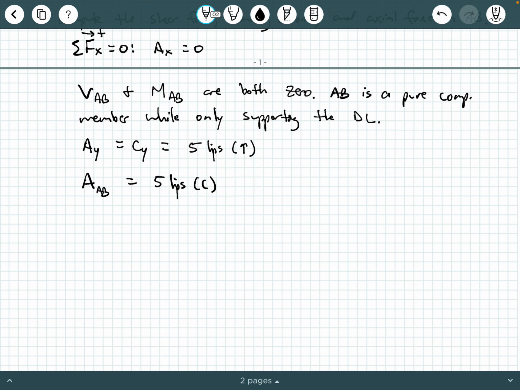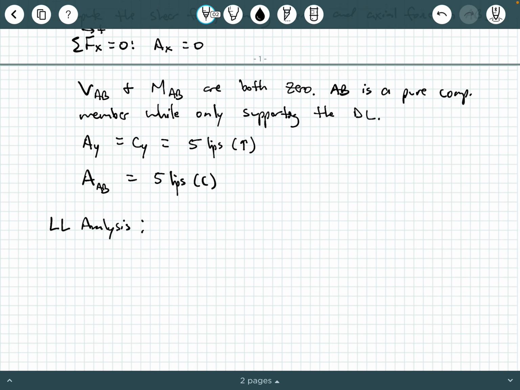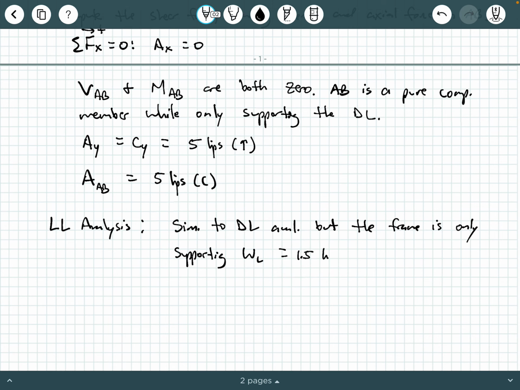Now, similarly, we're going to do a live load analysis. You may be thinking that's going to be very similar to the dead load analysis. So without showing a whole lot of extra work, I'm going to make a note that this is similar to the dead load analysis, but the frame is only supporting W live equals 1.5 KLF.